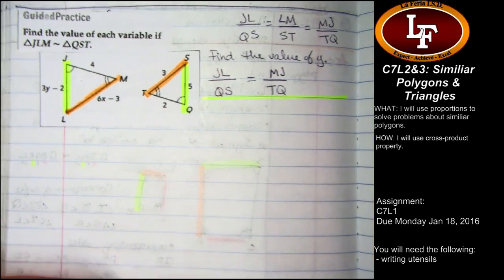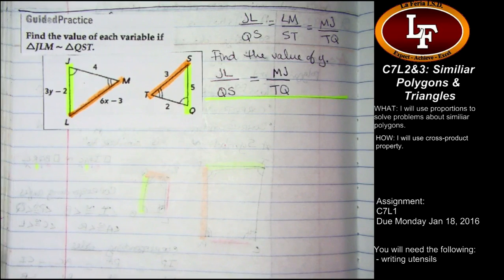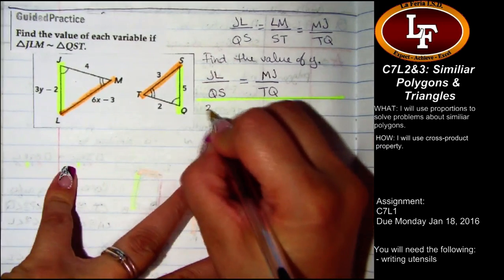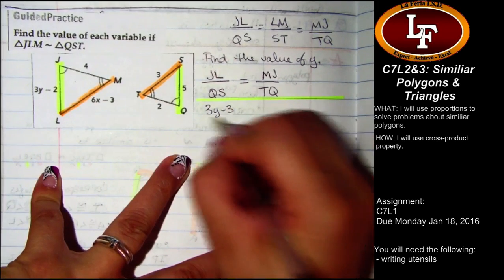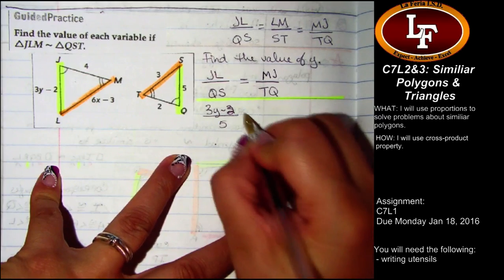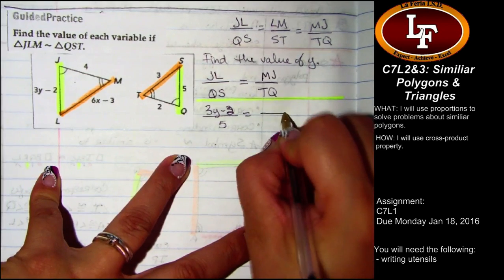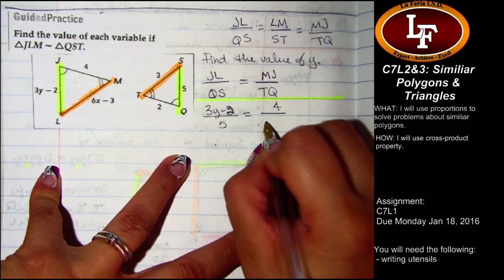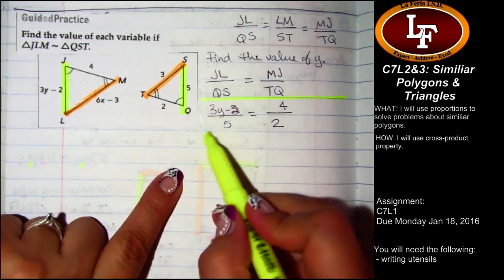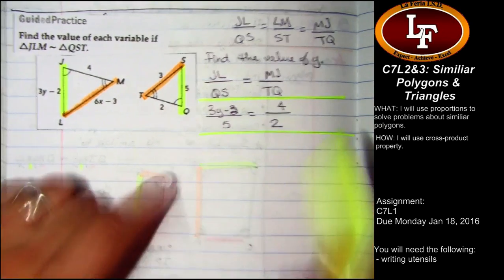Now that I have those sides written down and I know what my proportion is going to look like, I can just grab the information and substitute. JL is 3y minus 2. QS is 5. MJ is 4. TQ is 2. I have it set up as a proportion.